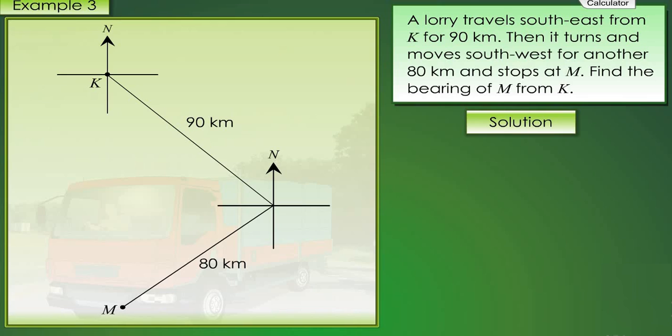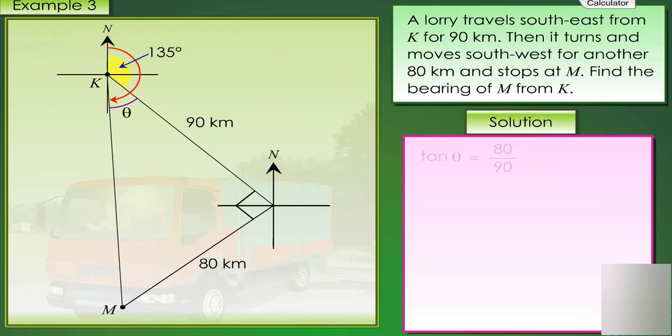As we want to find the bearing of M from K, we need to draw a line from K to M. This is the angle that we are looking for. We already know the size of this angle, which is 135 degrees. Now, we need to find the size of this angle, say theta. The triangle that we have drawn is a right-angled triangle.